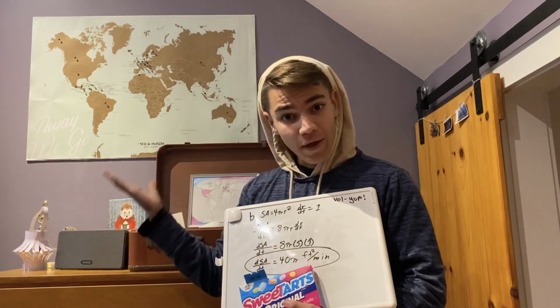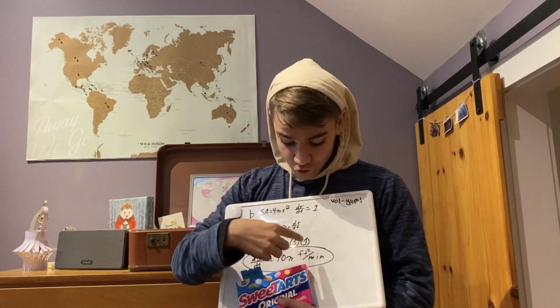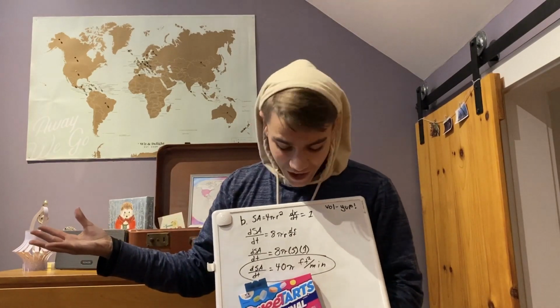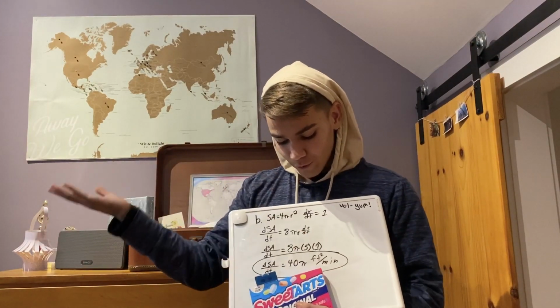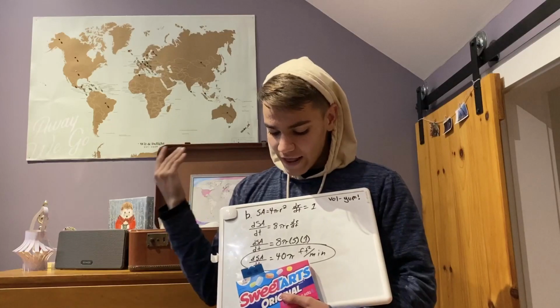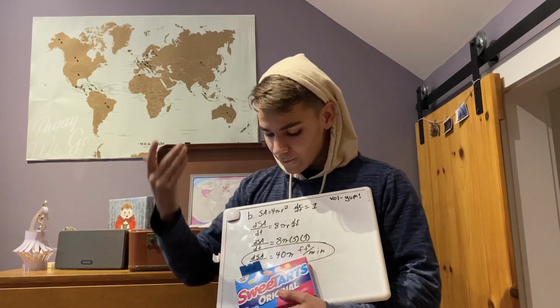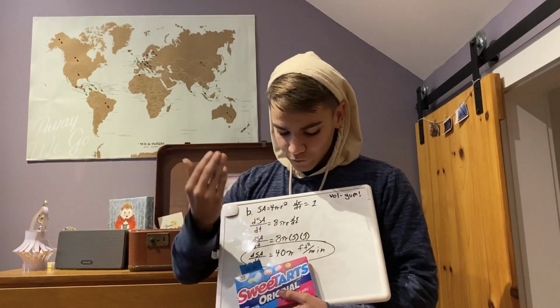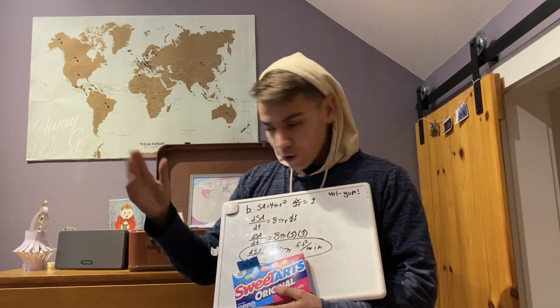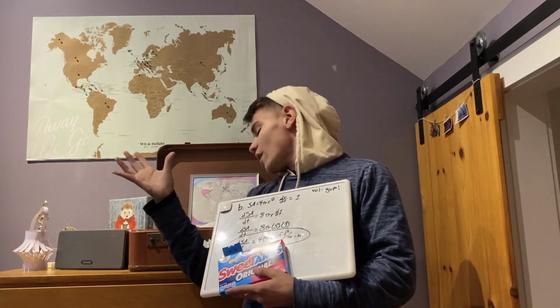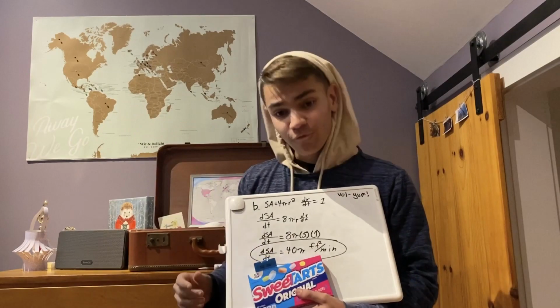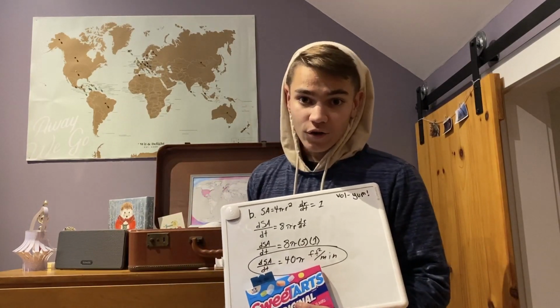So, now we can do some basic arithmetic. 5 times 1 is obviously 5. And then we can do that number, which is 5, times 8. And then we get the derivative of the surface area with respect to time equals 40 pi feet squared per minute. So this means that the surface area is increasing at a rate of 40 pi. Thanks for watching my TED Talk.